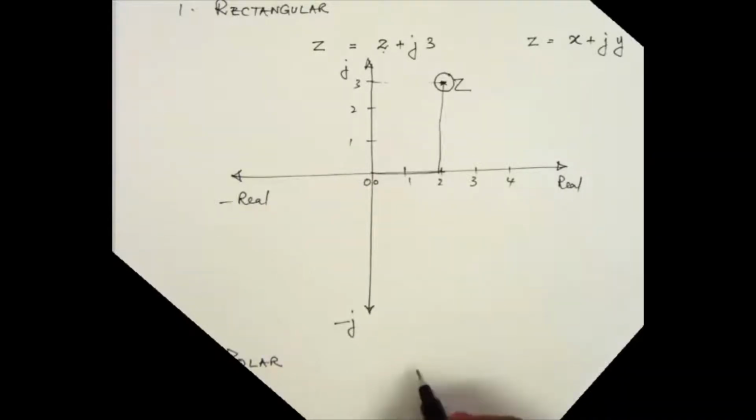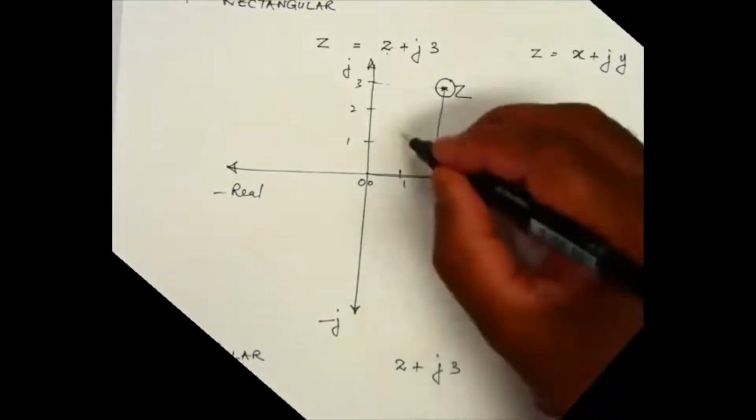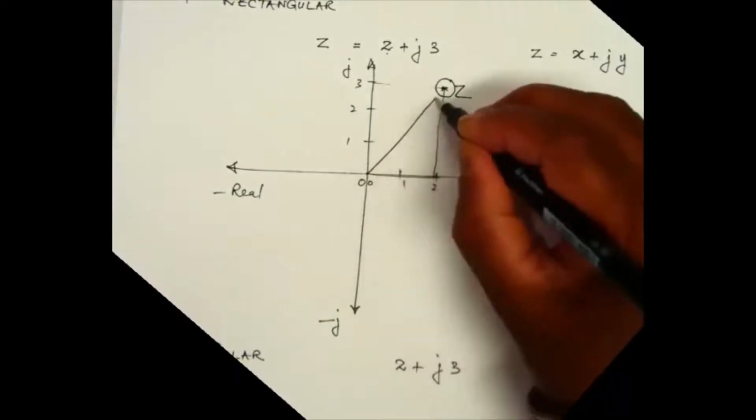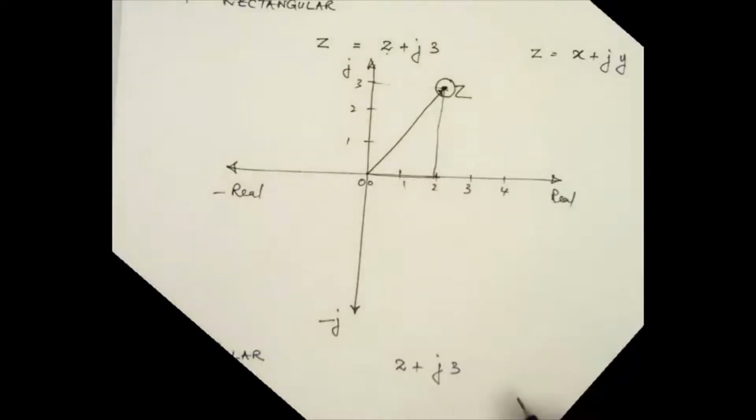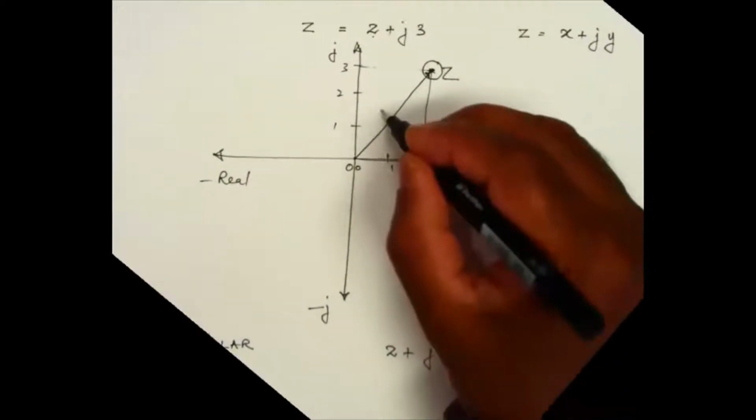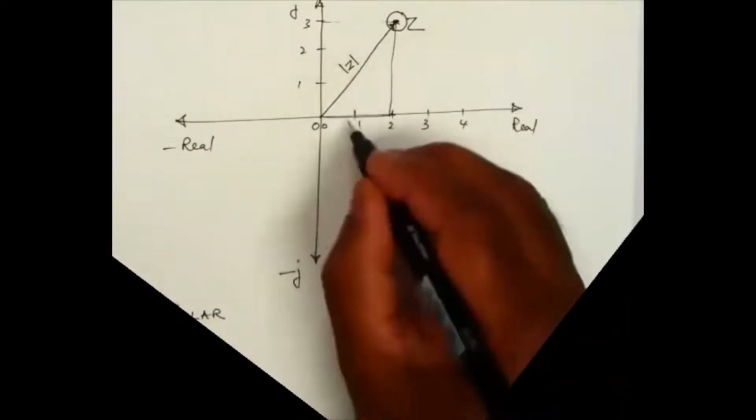So, if you take this same complex number again, 2 plus j3, the polar representation is, if we can show this complex number by this phasor or vector and by its magnitude and the angle.